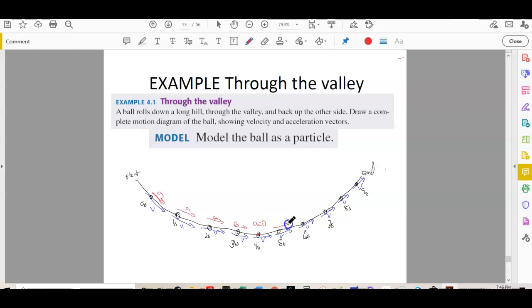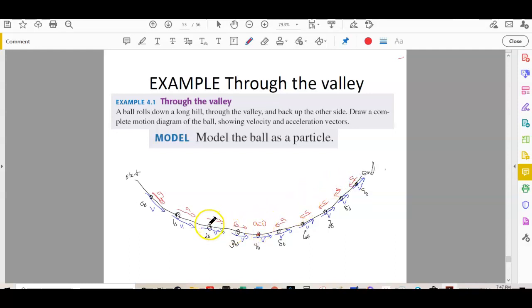And then at this point, you're moving up and to the right, but since you're going uphill, your acceleration vector is going to be pointed downhill. Okay? And then downhill there, right?